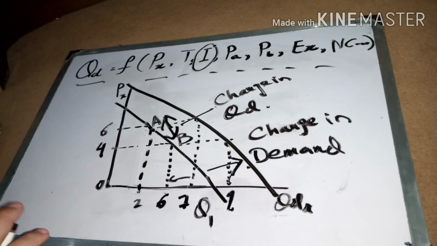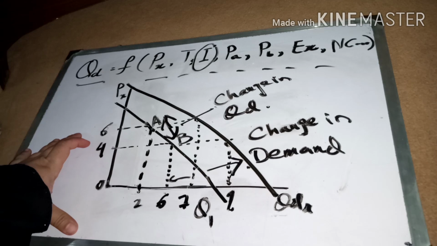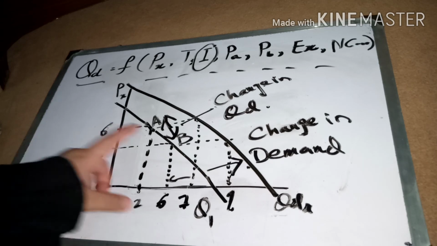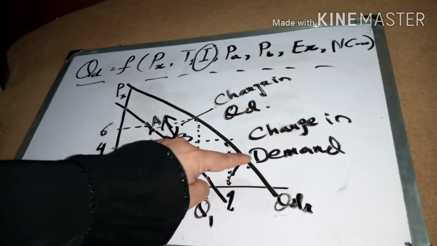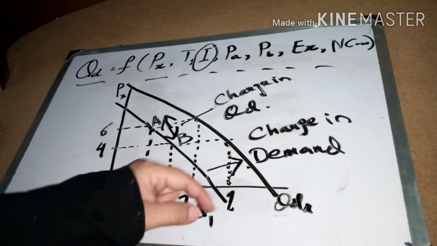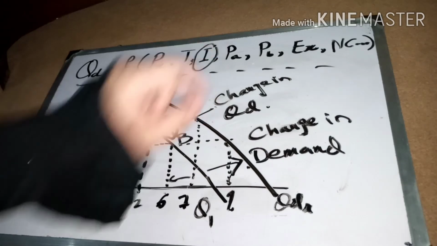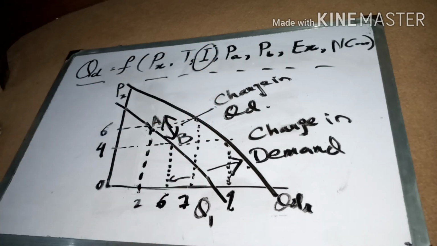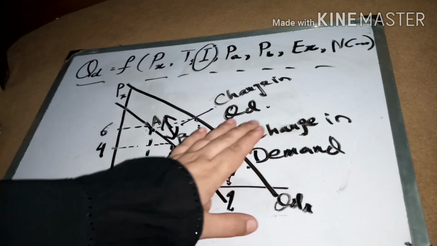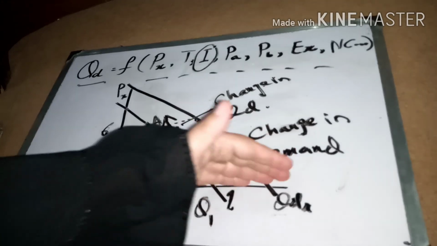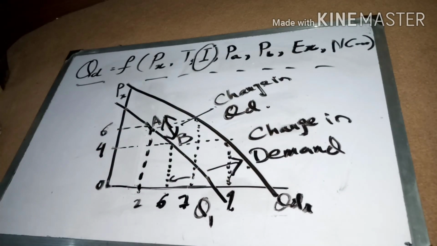This means that the price is not affecting the change in demand or the shift in demand. It is the factors that we have held constant which are shifting the demand outwards or inwards.